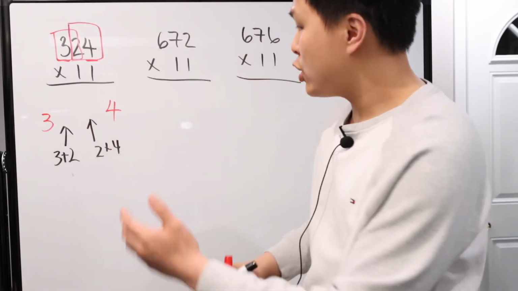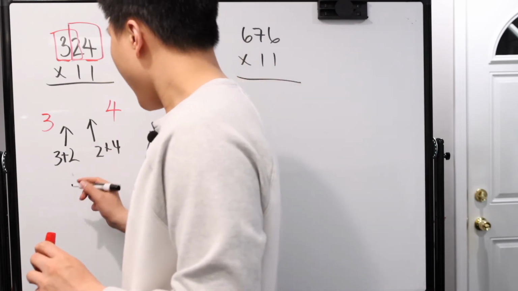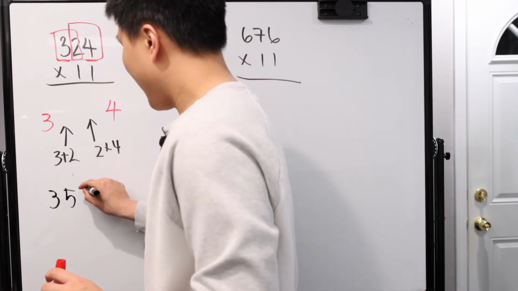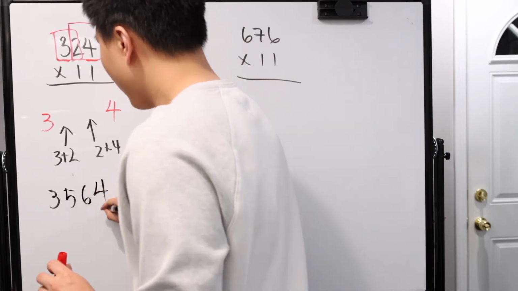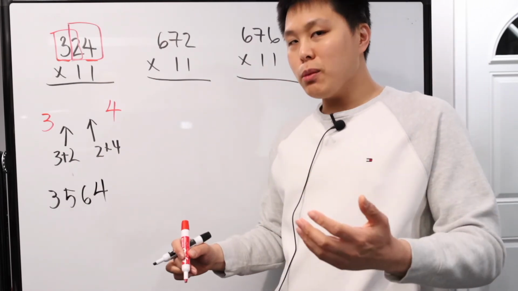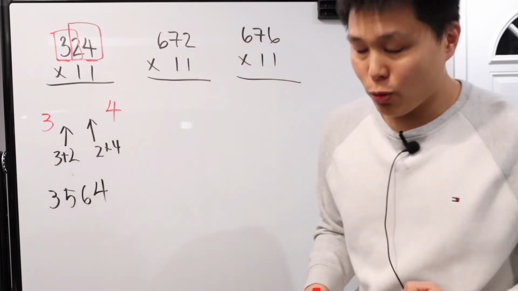So 2 is shared in between the 3 and 4. So in the end, what we have is going to be 3, and this one is going to be 5, this one's going to be 6, this one's going to be 4. So the final answer is 3,564. So very similar to the first rule where we're multiplying 2-digit number, now we're multiplying 3-digit number.